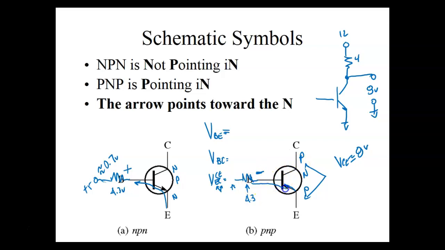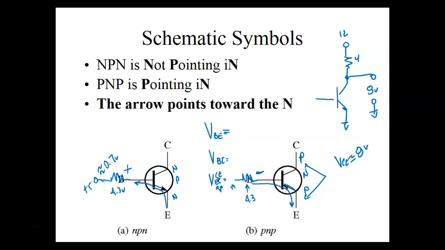And now we'd have current flow like this, going negative to positive, right? So it all depends on whether you're using an NPN or a PNP. But once you forward bias that junction, just like you would a regular diode, then this transistor is ready to turn on.